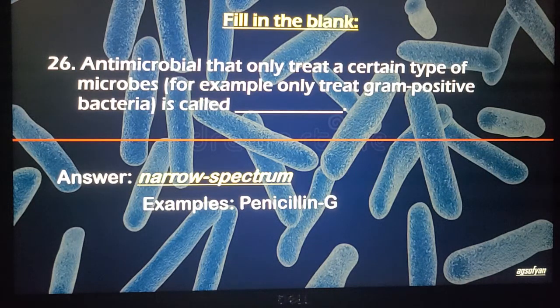It's only special or certain type of infection. Then it is called a narrow spectrum drugs. Example is penicillin. Penicillin G is only used for gram-positive bacterial infection, like Staphylococcus or Streptococcus.